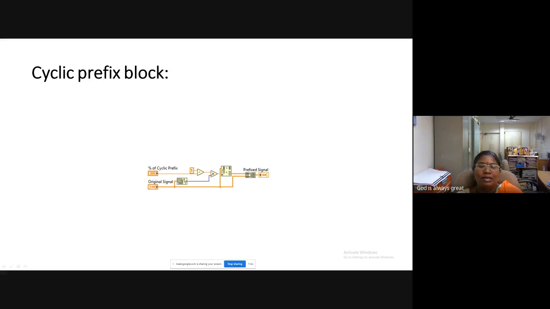So this is a multiplier, 1 minus the percentage of cyclic prefix. If it is 20%, this will be 0.8. So 0.8 of the original signal will be passed in, and for the remaining 20%, the original signal will be repeated. The original signal is split as 0.8 and 0.2 separately.